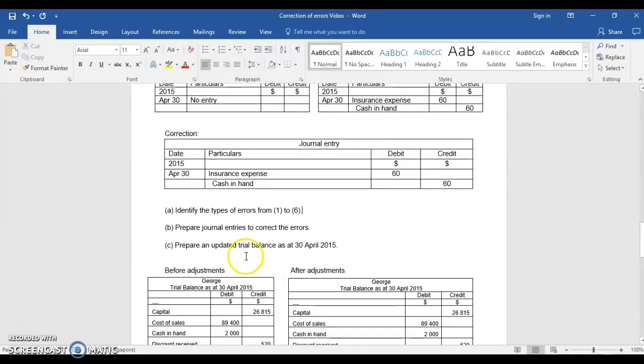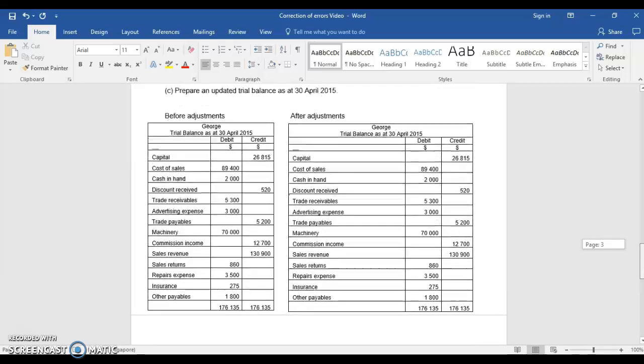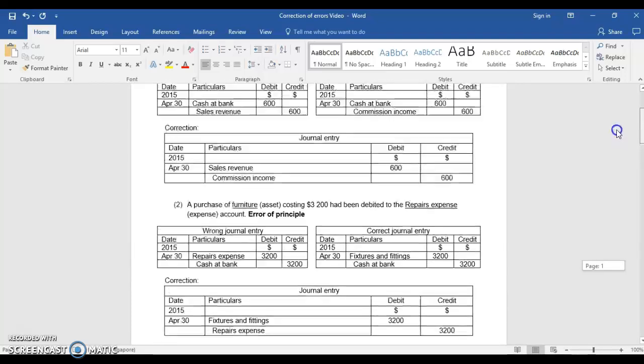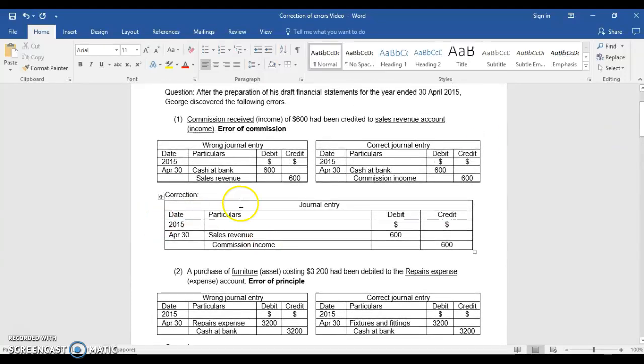Now we're going to answer part C, which is prepare an updated trial balance based on the adjustments. So we have the before adjustments, so this is what we have. Okay, now we are going to correct the error. So here, go back to all your corrections. Okay, study them very well. Okay, now we're going to translate these debits and credits into plus and minus.